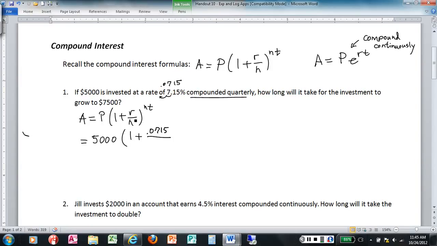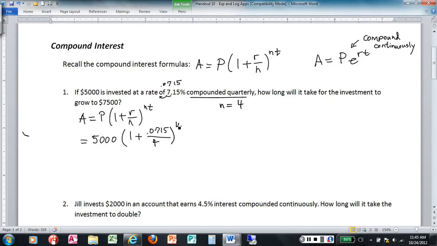Divided by N, which designates how many times per year the compounding occurs. Since we're compounding quarterly, quarters being 4 times per year, N equals 4 here. So 4 goes in the place of N, and that goes in a couple of places. It goes down below, and then it goes in the exponent here.